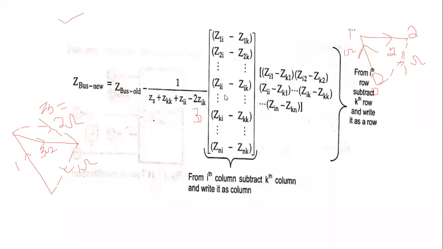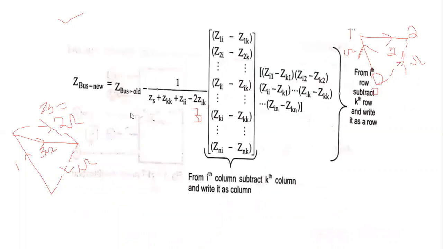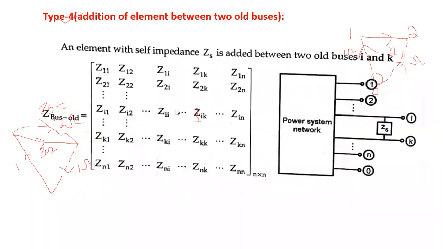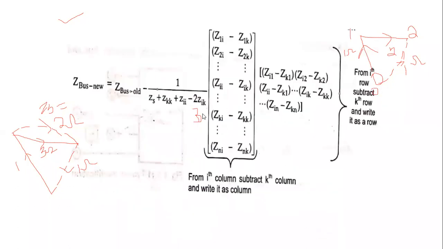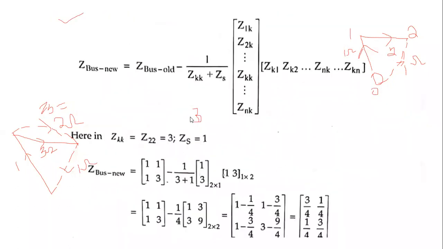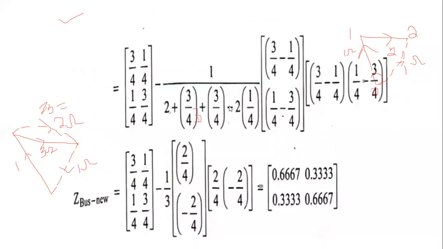Then substitute that ZS value, that is 2 ohms, plus Z1KK. ZKK means the 3 by 4. Plus ZII, that is also 3 by 4, minus 2 into ZIK, that is 1 by 4.